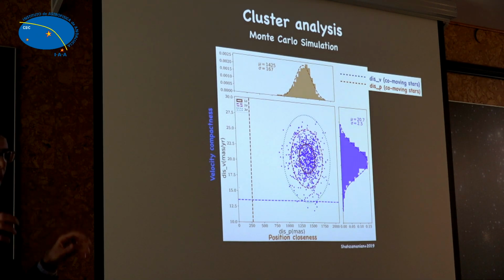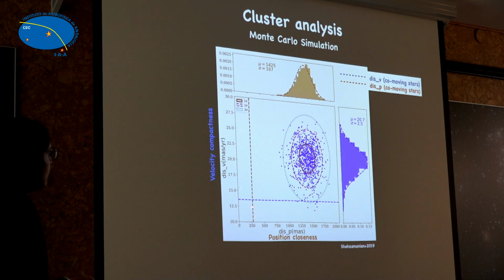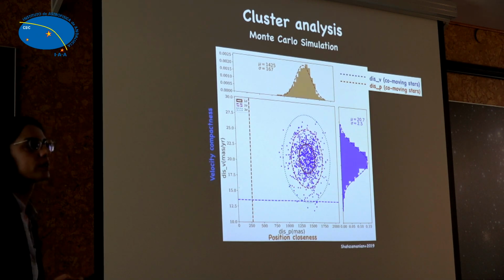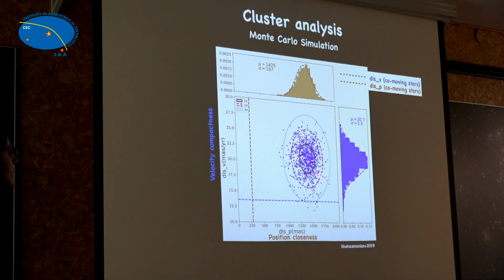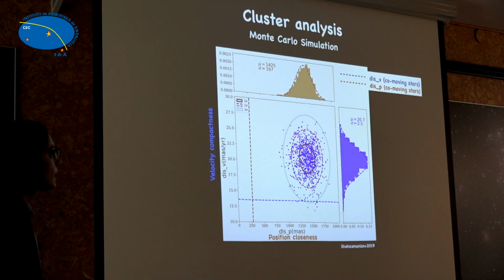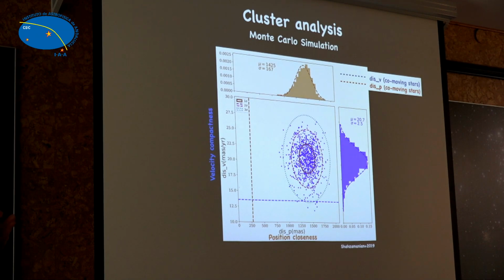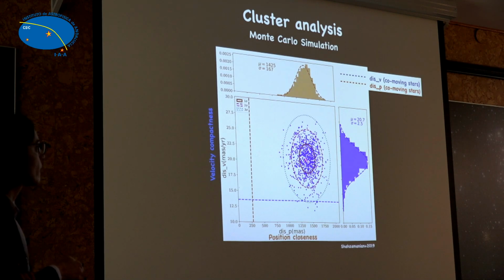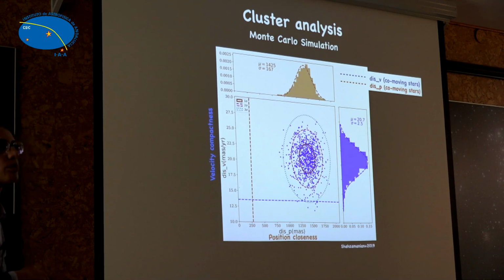It is important for us to check this to say whether it is a cluster or not. The dashed lines here are these parameters for the observed cluster, but the distribution that you see here is from simulated groups of compact stars from the Monte Carlo simulation. We see the observed values for our cluster are around 3 sigma and 7 sigma from the mean value of the random distribution.